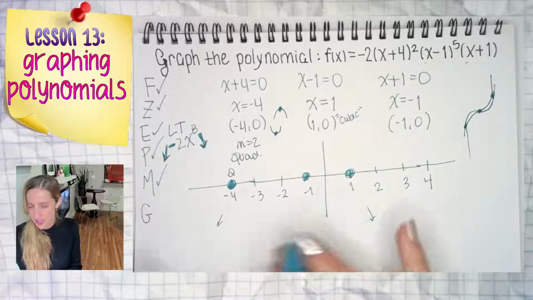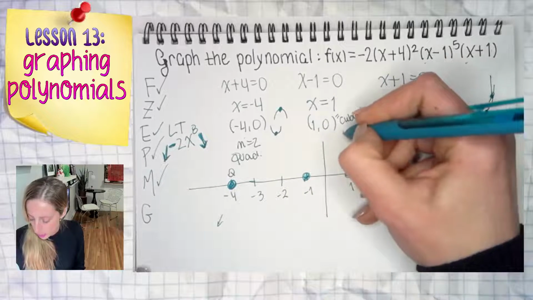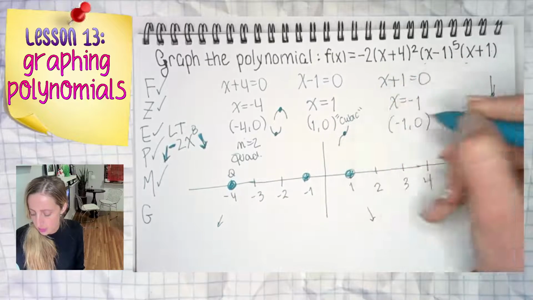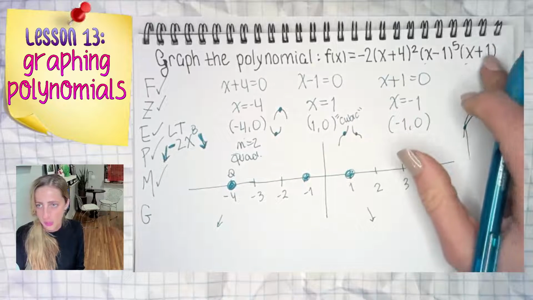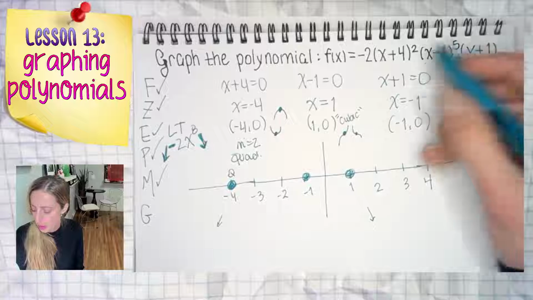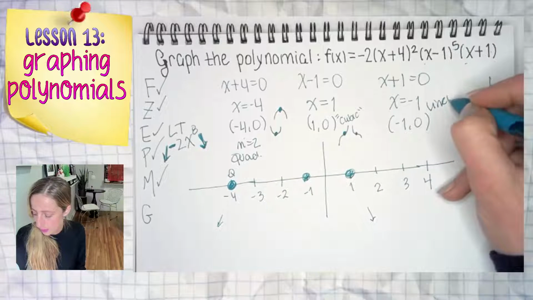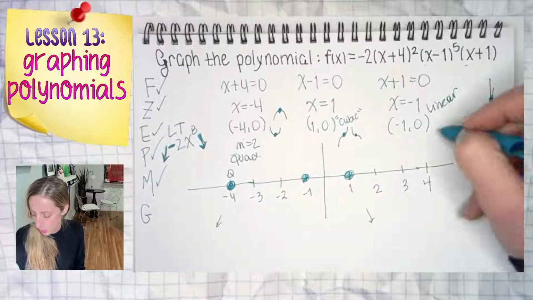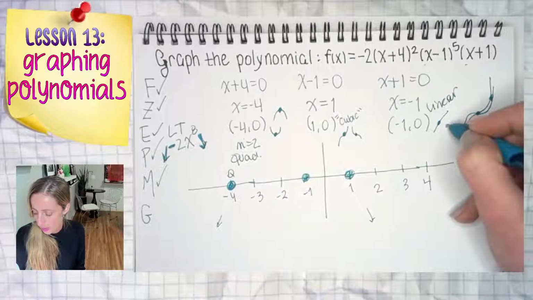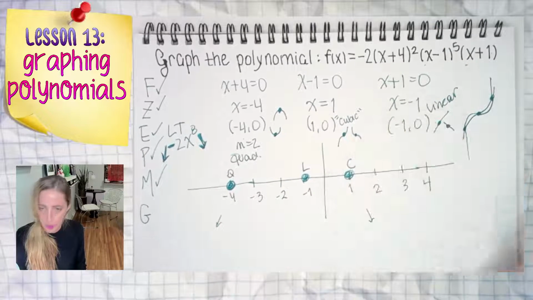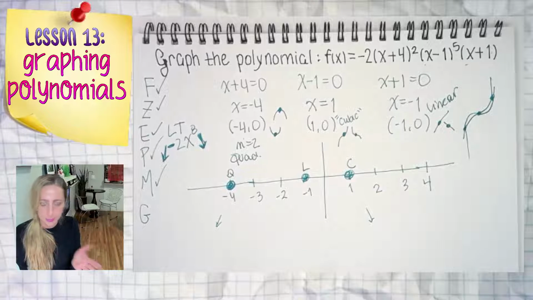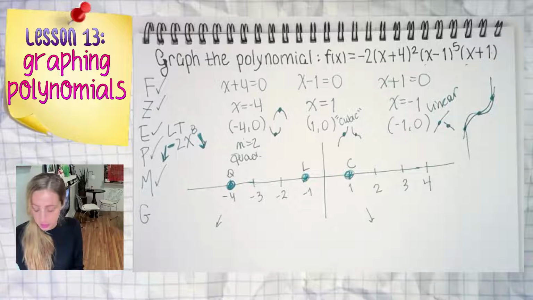All we're going to worry about is that little squiggle of a shape. So at +1, 0, it's going to look either like that or like that. And then this one came from a 1 power, so it's more or less linear. That means it's going to look like that or like that. So L for linear and C for cubic. Again, I know it's quintic, but I don't want to put another Q, and cubic is good enough.